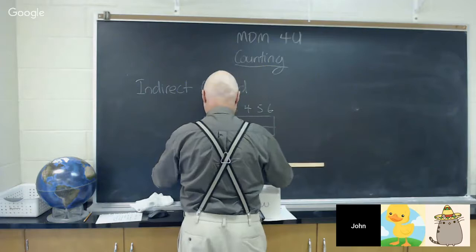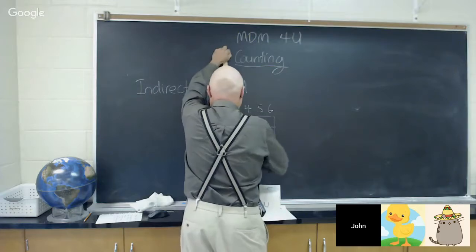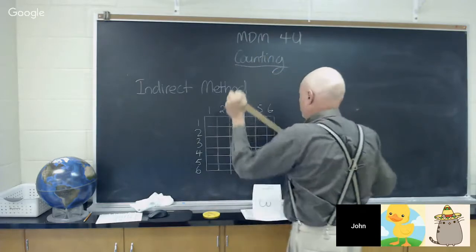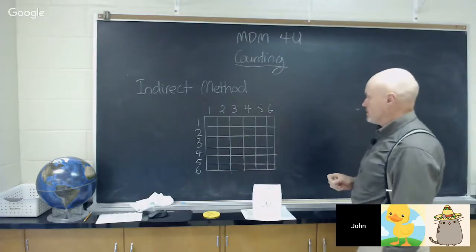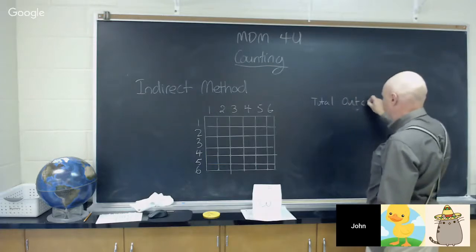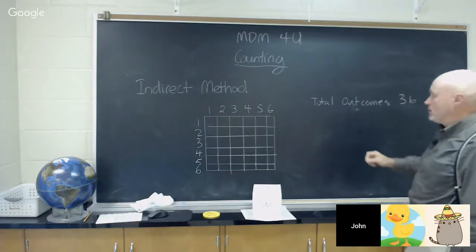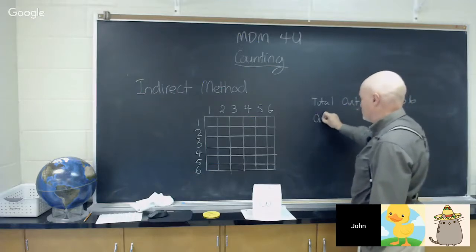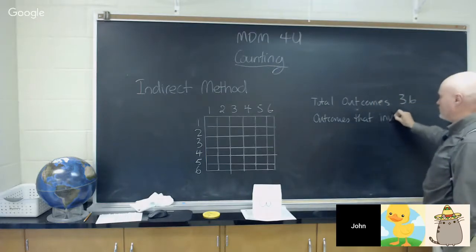So this is a nice matrix that you can use to keep track of probabilities for throwing 2 dice. Okay. So total number of outcomes is 36.